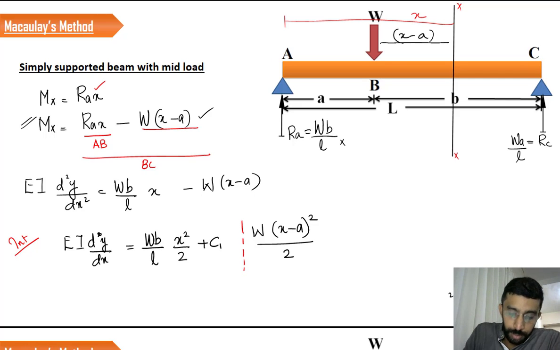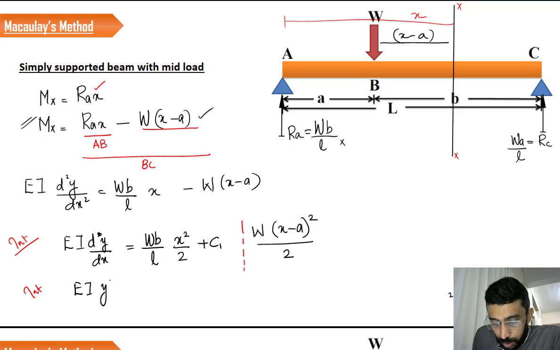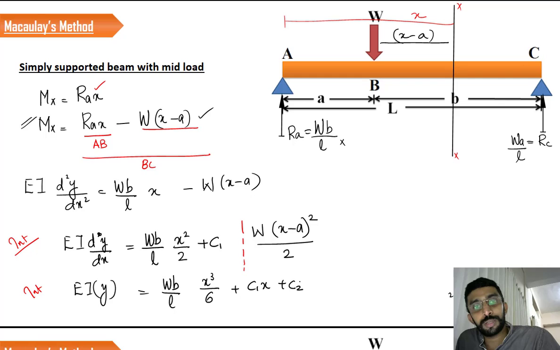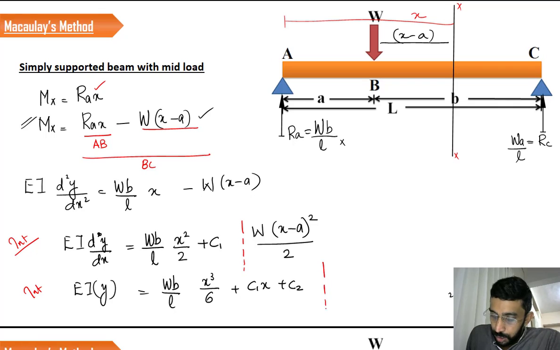Now we will do the second integration, and we will get the value as EI into y equal to, same methodology, WB by L into x cube by 6 plus C1 into x plus C2. So the first term is associated with the integration constants C1 and C2, right? Now the barrier is there, the division is there.